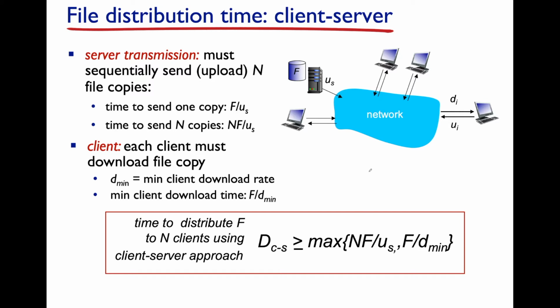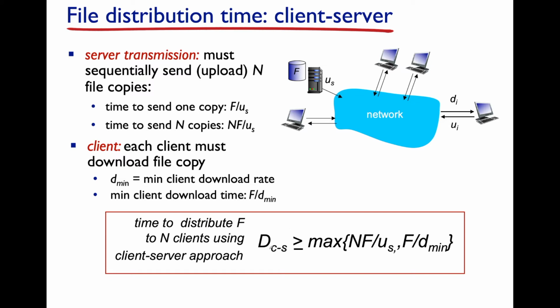And of course, we know the task of distributing that file to all of these n many clients is not done until the machine or client associated with the slowest link for downloading has completed its download.